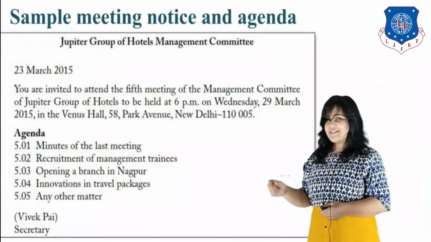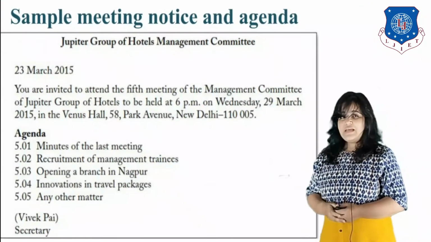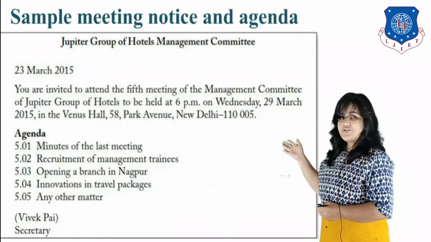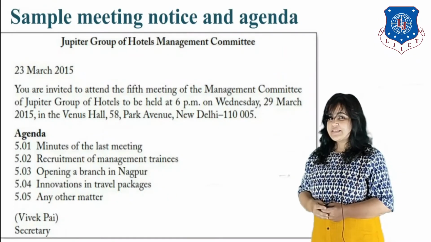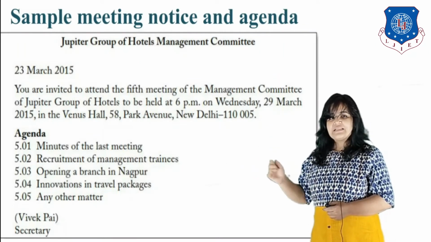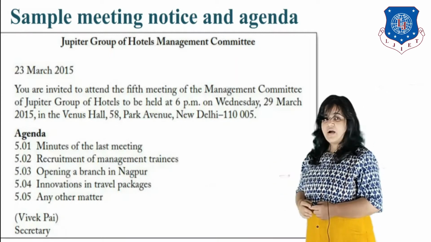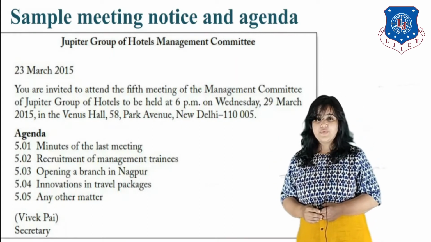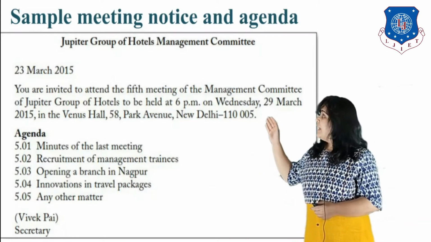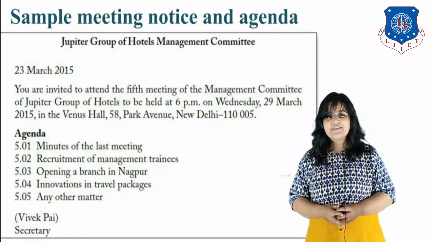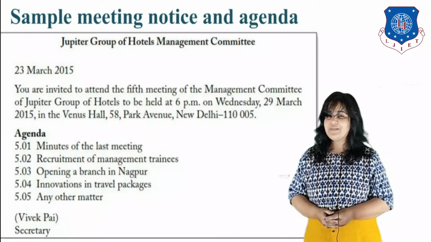Moving onwards, let us see one of the examples of an agenda of a meeting. As you can see, this agenda is written along with the notice itself. As this is the 5th meeting, each and every agenda item is marked as 5.01, 5.02 and so on. In the agenda you can see that firstly something is written as minutes of last meeting.